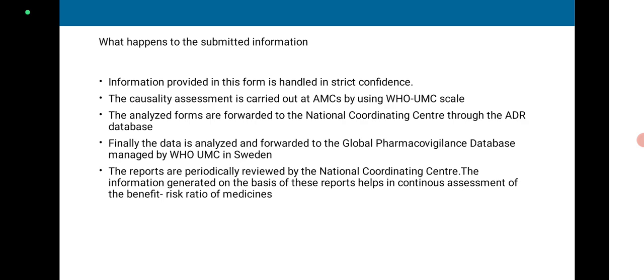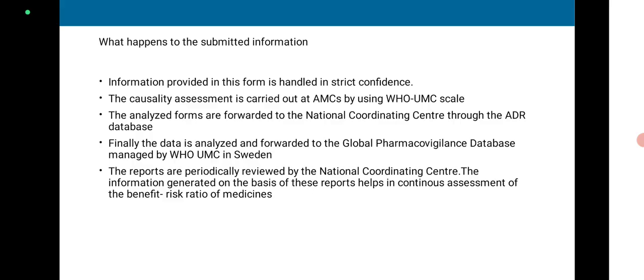What happens to the submitted information? Information provided in this form is handled in confidence. The causality assessment is carried out at each IMC using the WHO-UMC scale. The analyzed forms are forwarded to the National Coordinating Center through the ADR database. Finally, the data is analyzed and forwarded to the Global Pharmacovigilance Database managed by WHO-UMC in Sweden.